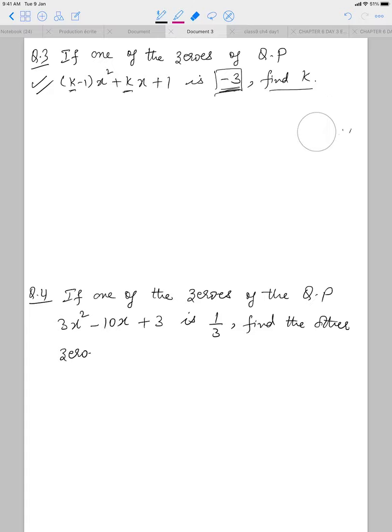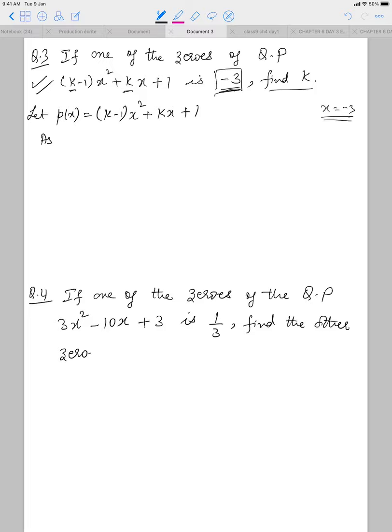The same thing here. If it is given to us that x equal to minus 3 is a zero of the given polynomial, it means when I put minus 3 in the given polynomial, its value should reduce to 0. So applying that condition, you will be able to find the value of k. I'll assume this polynomial as, say, p(x). Let p(x) be the polynomial. The first thing you should do in polynomial questions is to name the polynomial.